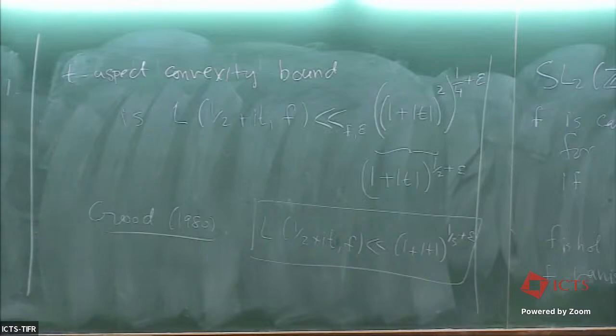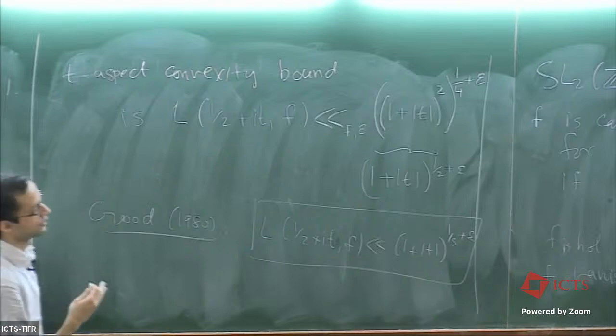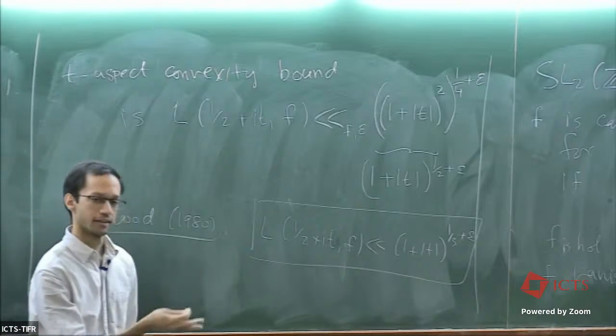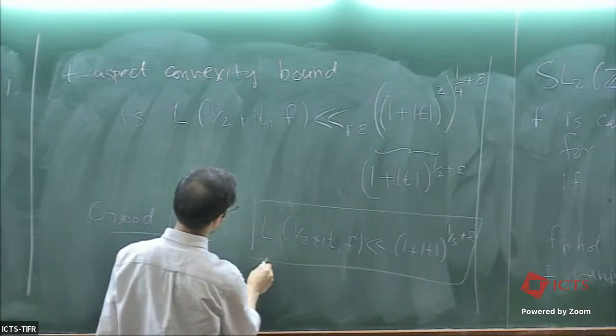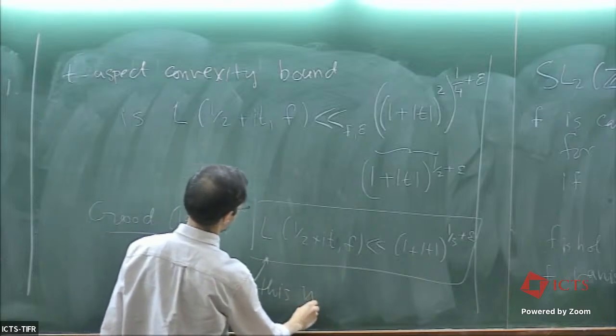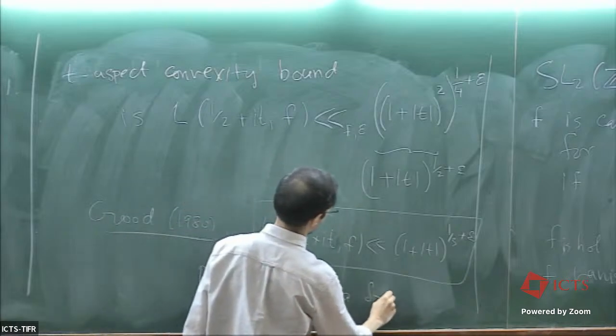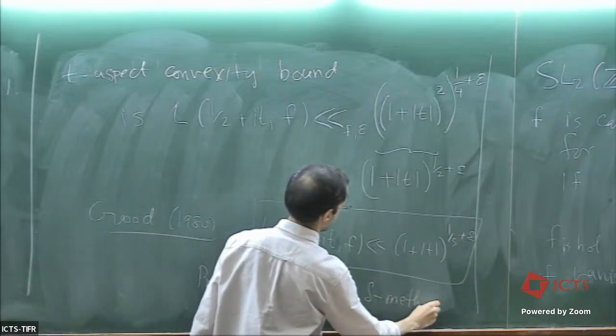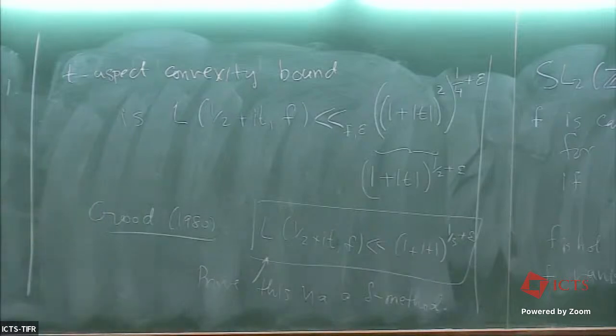So what we are going to do for this lecture and the next is to try and prove this via some delta method. And I'll try to give you the heuristics and also why the heuristics work the way they work. And this is like the main highlight that we have.